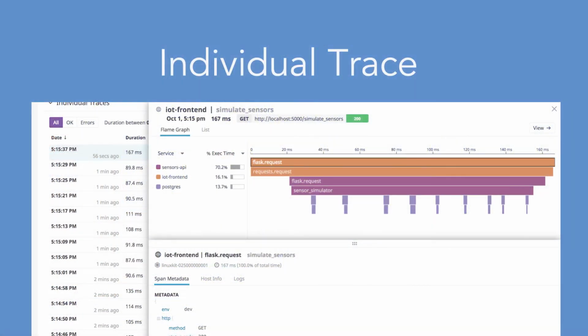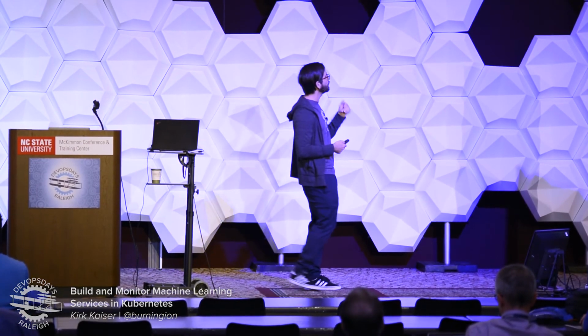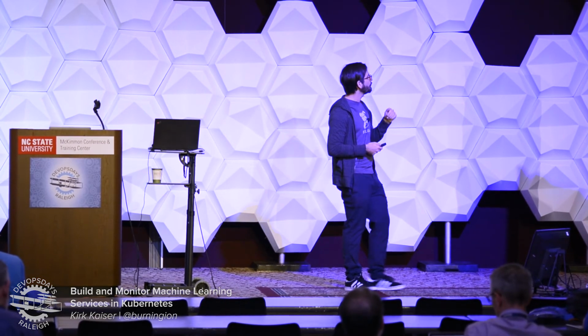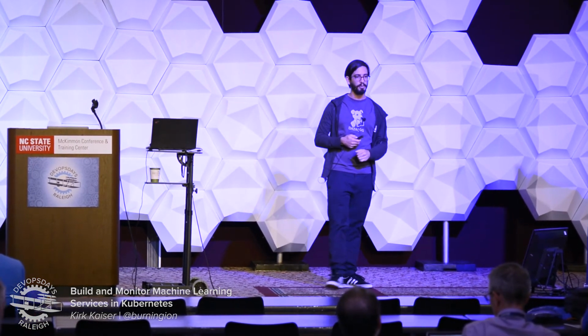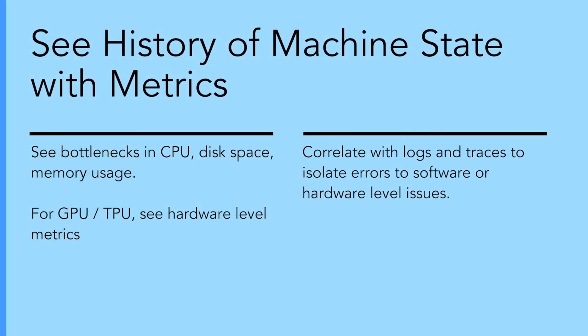And so you build up a graph that shows you the entire path of the units of work through your subsystem. Here we can see, from another project where we have a sensors API and an Internet of Things front end, the entire request as it passes downstream through all the services.